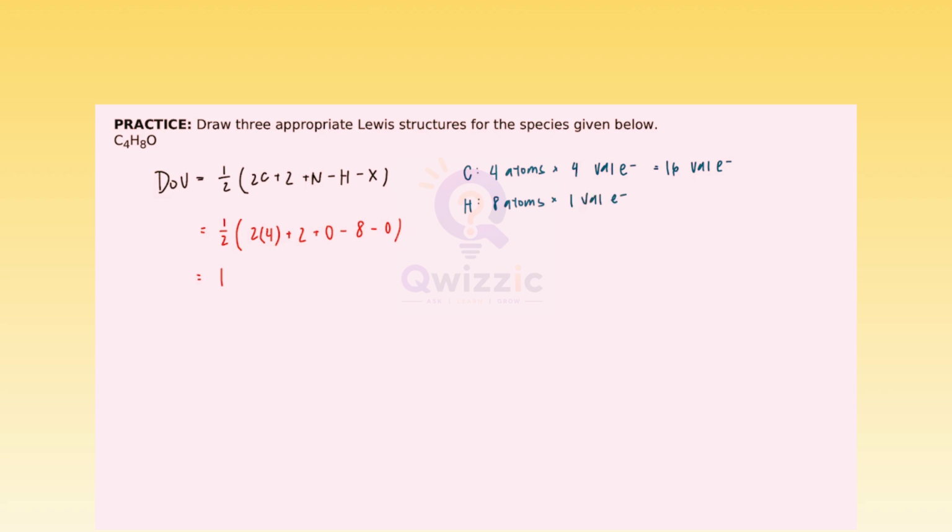So 8 times 1 is equal to 8 valence electrons. Next we have oxygen. We just have 1 atom of oxygen, and each atom gives us 6 valence electrons, so 1 times 6 is 6. So we have 16 from the carbons, 8 from our hydrogens, and 6 from our oxygen.